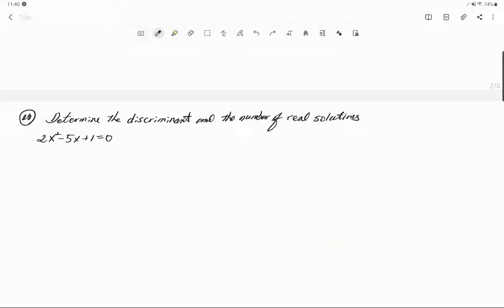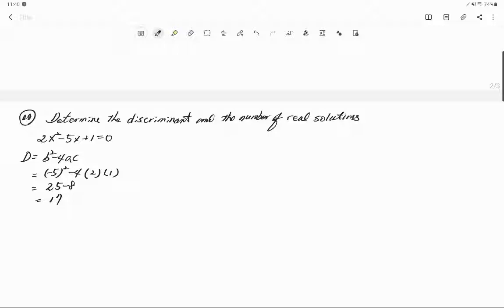Okay, for this example, let's determine the discriminant and the number of real solutions. The discriminant equals b squared minus 4ac. So let's plug in all these values. That equals negative 5 squared minus 4 times a equals 2 times c equals 1. Then 25 minus 8, which is 17.